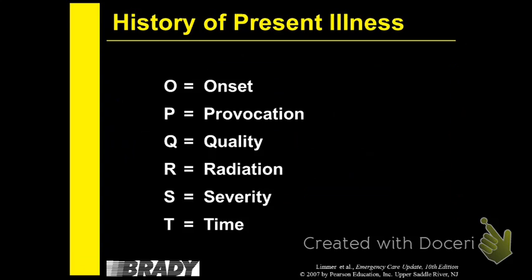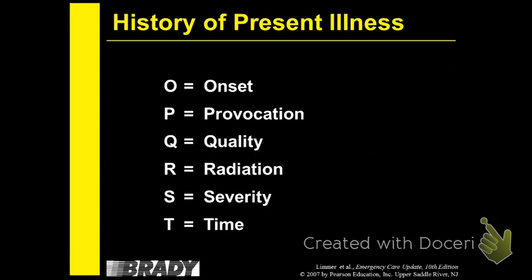So that would be the quality of pain. Radiation, does it move anywhere? Like the typical sign of a heart attack is radiating pain. It radiates into the left or both arms, the neck, the jaw, the back. Okay, so you get radiating pain. You get pain that moves from the chest to the other parts.